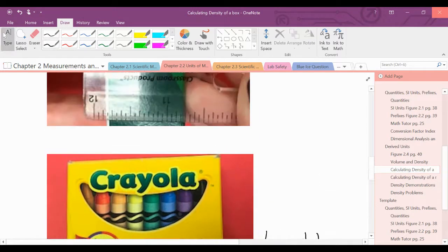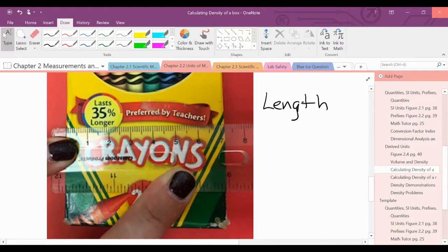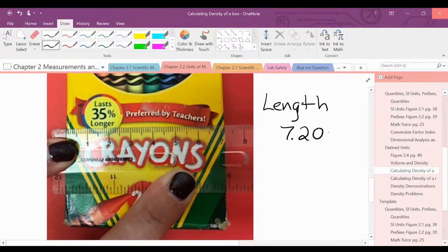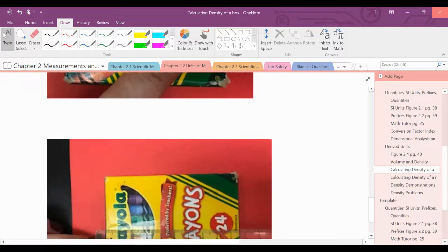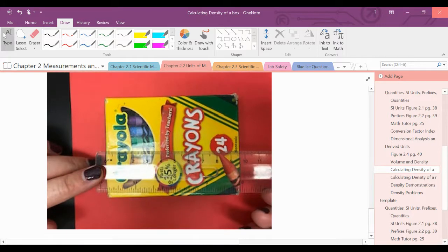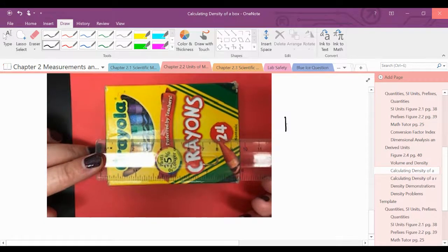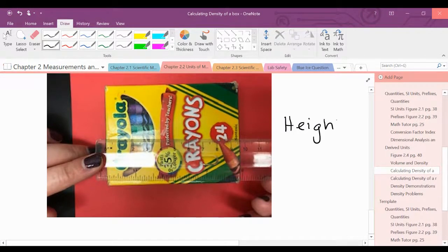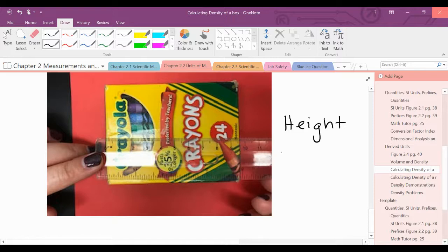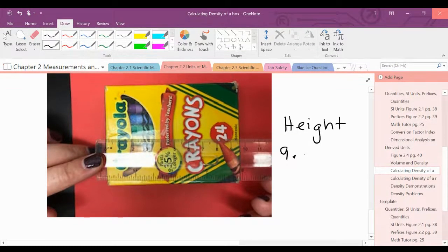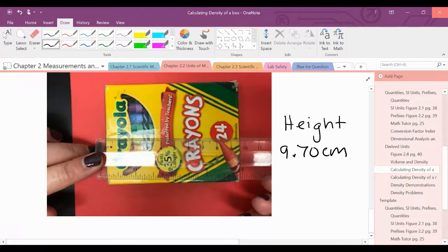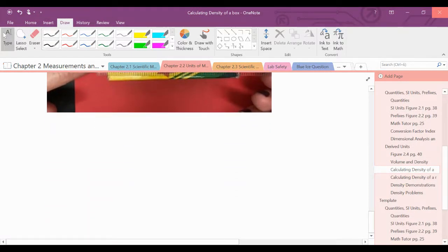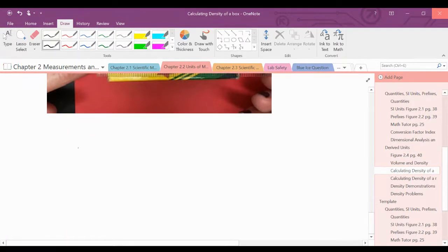The length is 7.20 centimeters. And then the height is 9.70. I know that's pretty hard to read there on the ruler. 9.70 centimeters. So I need to find the volume of this box.